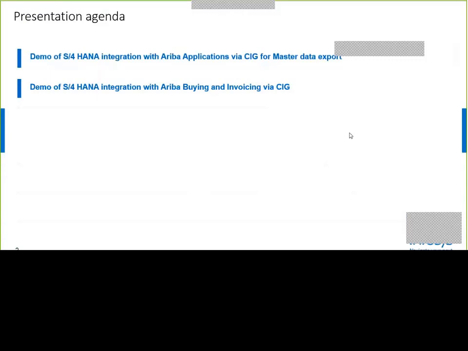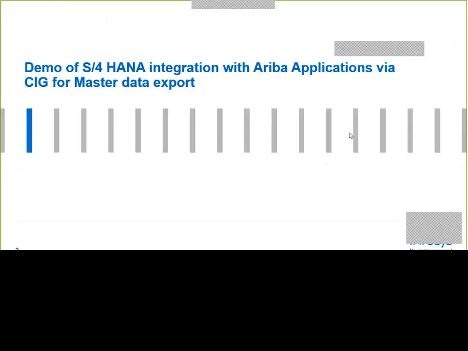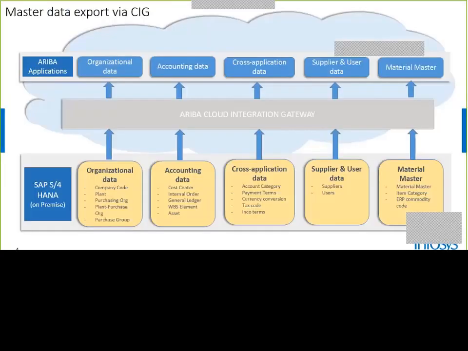So moving on to the first topic, master data integration with S/4HANA via CIG. As we know, before we are ready to start executing business transactions on the application, it is important that we have all the master data set up correctly in the application, and specifically where we have an integrated backend system, it is also important that the master data in the backend system should be in complete sync with the application.